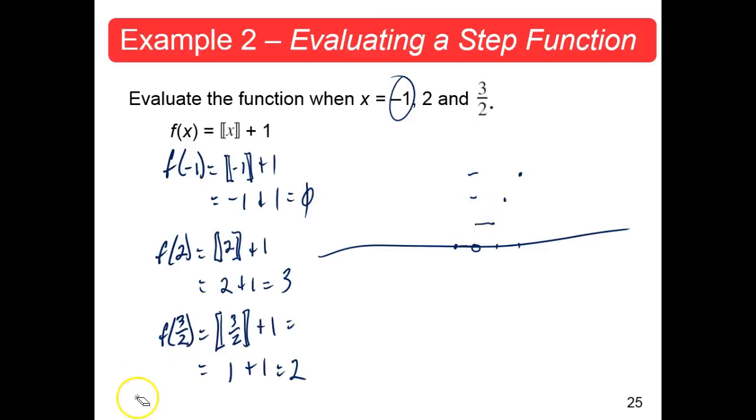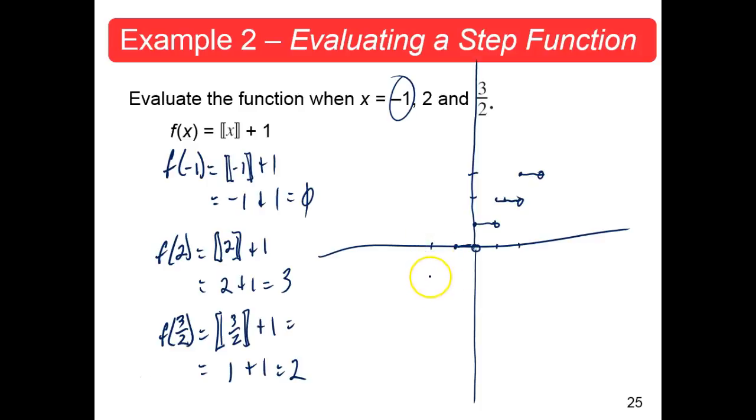The pen didn't come back when it was supposed to. Okay, there was my origin right here, wasn't it? Okay, so we had this open circle here, this with an open circle there, that with an open circle there, and so on.